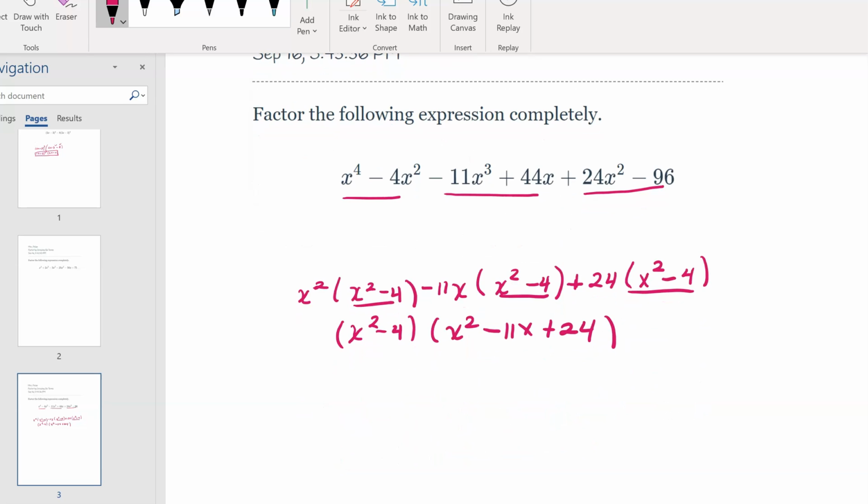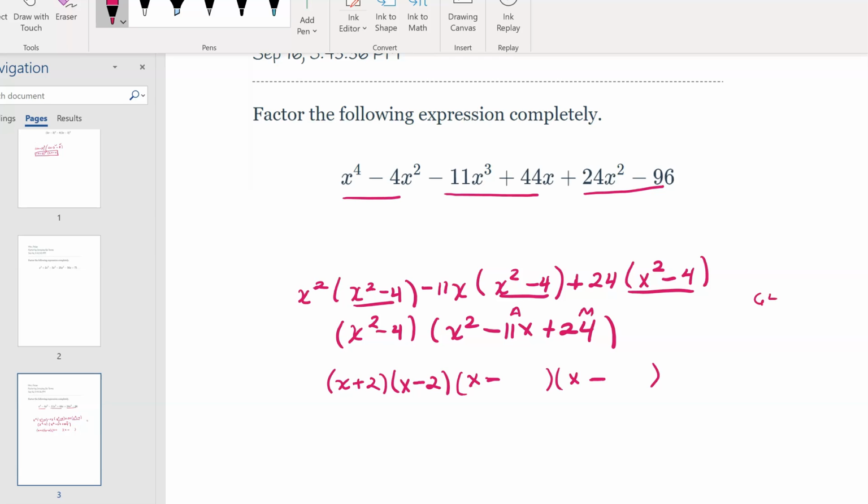So now you want to factor each of these terms further. So x squared minus 4, I can apply dots and factor it into x plus 2 times x minus 2. For the trinomial, I see a plus before the last term, indicating the signs are the same. And since there's a negative between there, both signs are negative. I'm looking for 2 factors of 24 that add to negative 11.